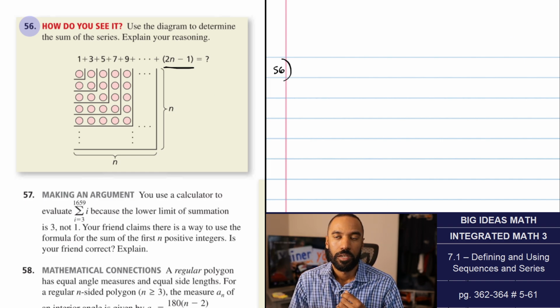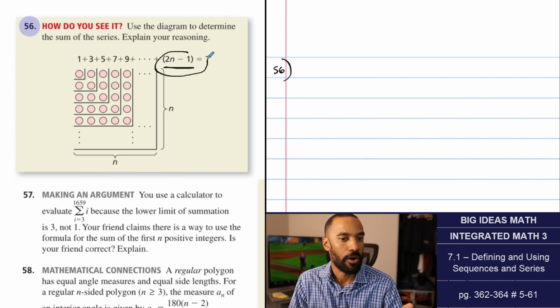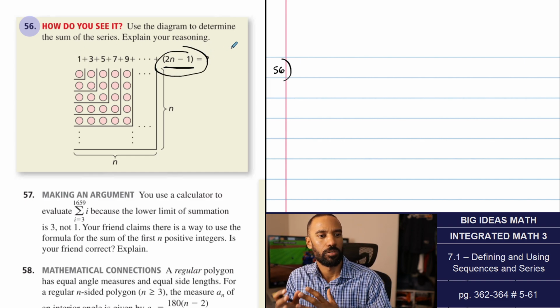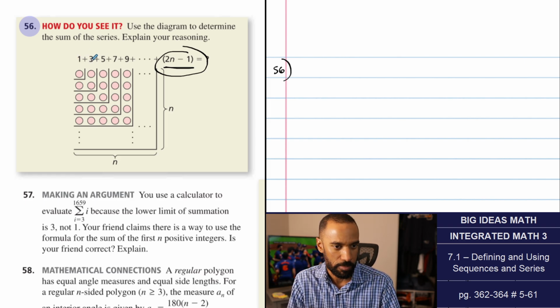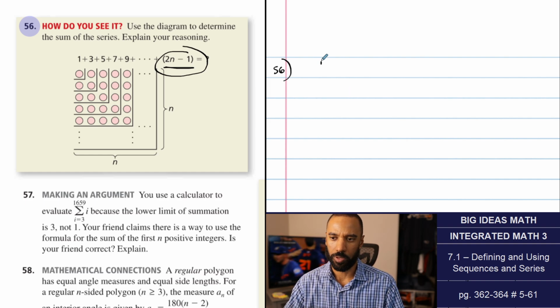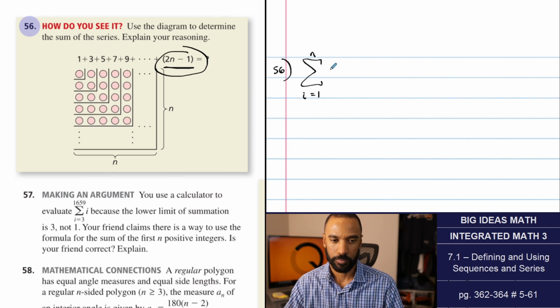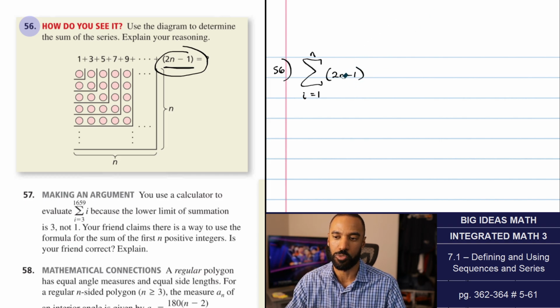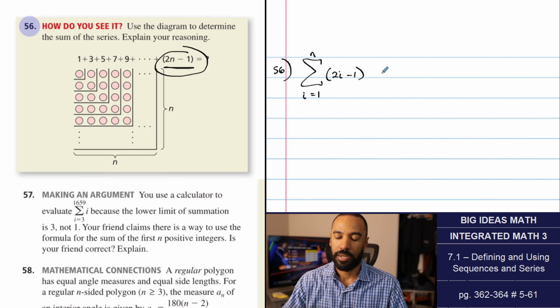And, well, 2n minus 1 is the arithmetic rule. Like 2 times 1 minus 1 is 1, 2 times 2 minus 1 is 3, 2 times 3 minus 1 is 5. So that works that way. So as far as sigma notation goes, this would literally look like we're going from 1 to n of 2n minus 1. Like that, or 2i minus 1, excuse me. 2i minus 1 here.